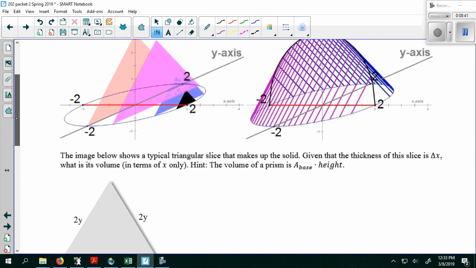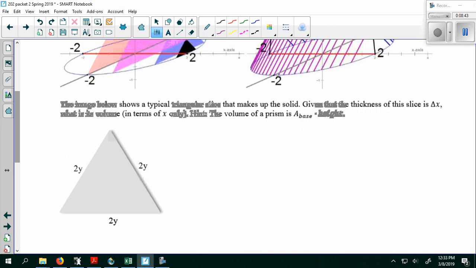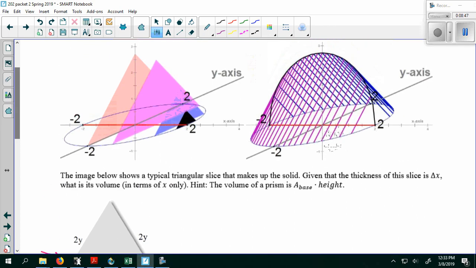We've got a typical triangular slice drawn in the image right here. So we've got some triangular slices here. Okay, so this is drawn at a random x value, x sub i, and this distance is y and y, so my distance is 2y.